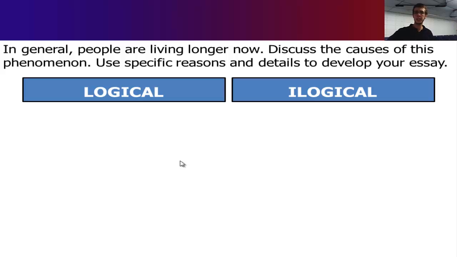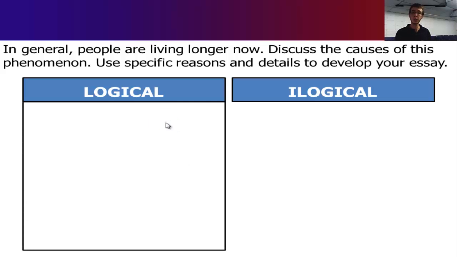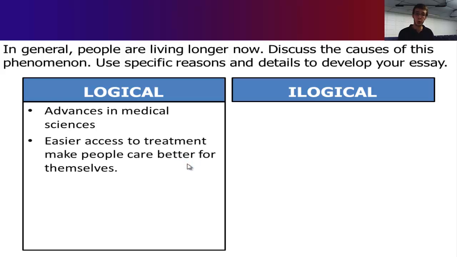Here I just made a quick list of some logical arguments for this and some illogical arguments. For example, a logical argument is to say that the advances in the medical sciences have made people live longer. Another logical argument is to say that easier access to treatment makes people care better for themselves.